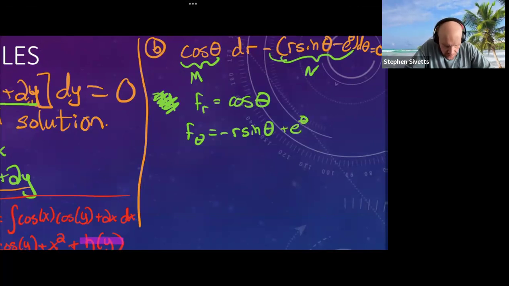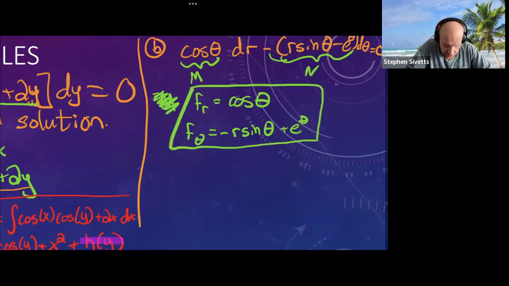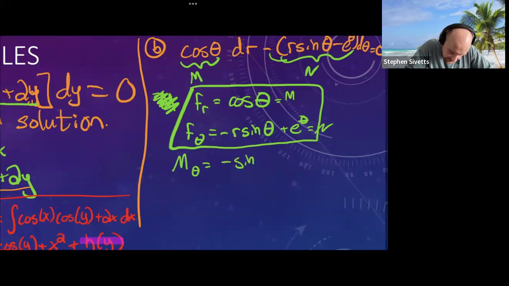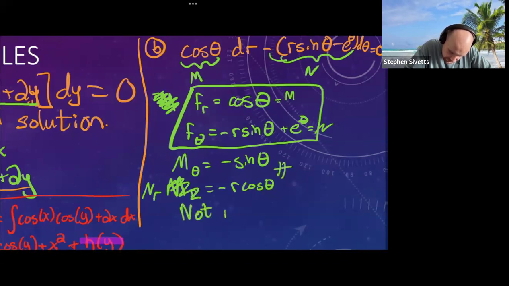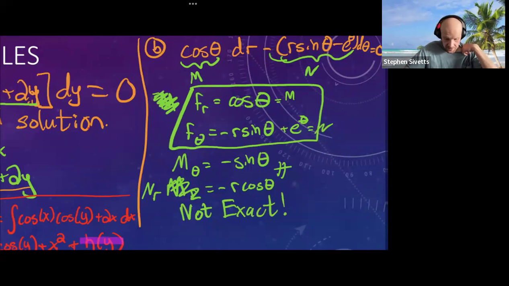So a general solution should satisfy these equations here, right? If this is M and this is N, the partial of M with respect to theta is equal to negative sine theta, right? And then the partial of N with respect to r, this will be minus r cosine theta plus 0, and these are not equal, right? So this equation is not exact. So we have to figure out some other way to solve this.